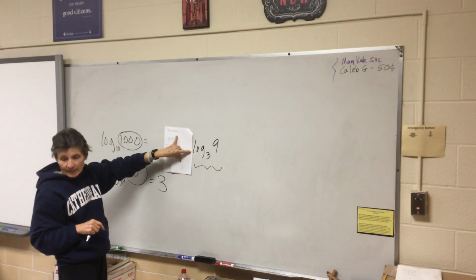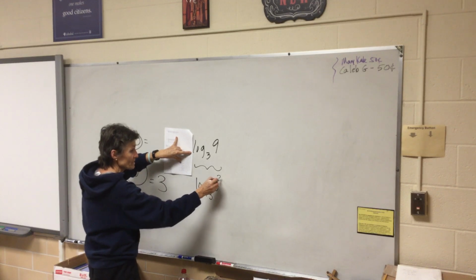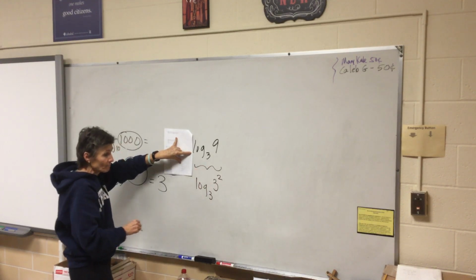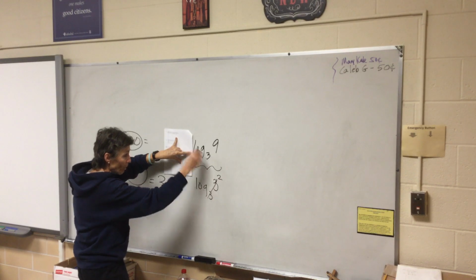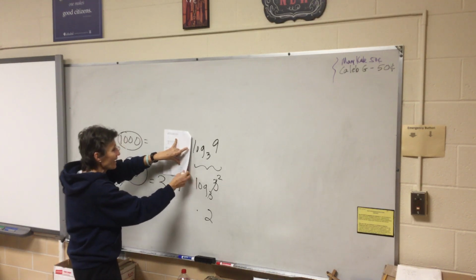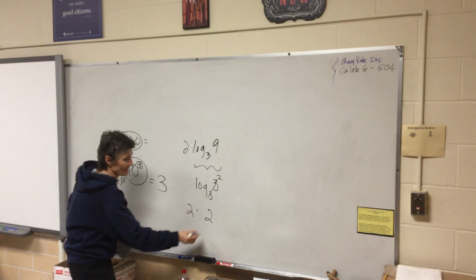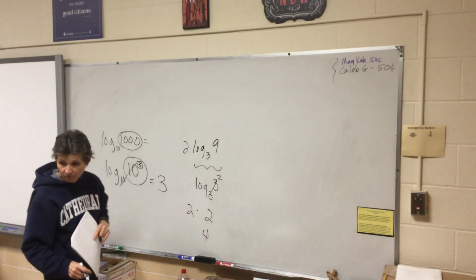Is it 3 squared? Yeah, well, so the answer is 2, because it's the log base 3 of 3 squared. 3 squared is 9. So this part of the problem just equals 2. But we had a multiplier out in front, so the final answer of the problem is 4.